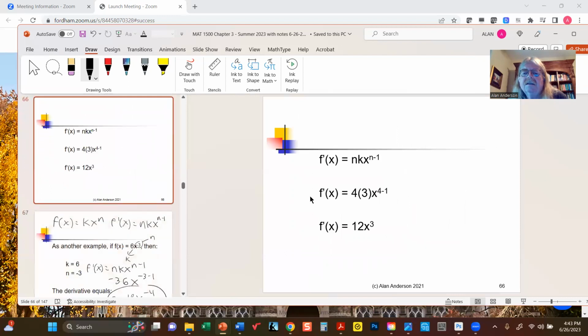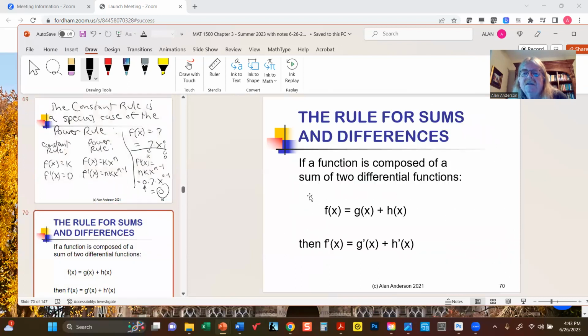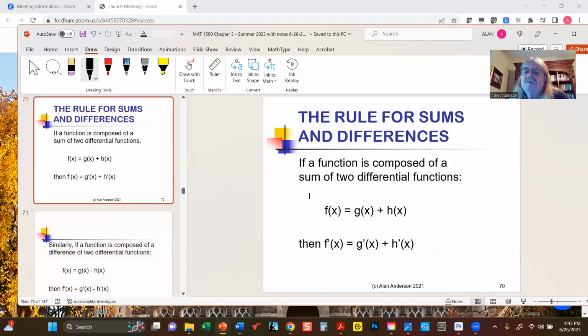All right, let's see, what else did we do? The rule for sums and differences. This is a very straightforward idea. If f of x is simply a sum of 2 other functions, g of x and h of x, then the derivative of f of x, which we write as f prime of x, is the derivative of g of x plus the derivative of h of x.